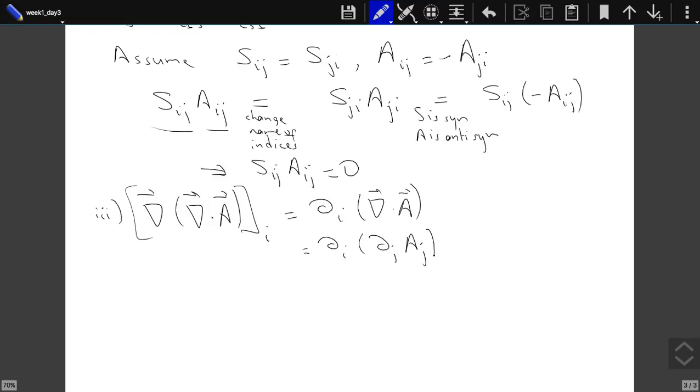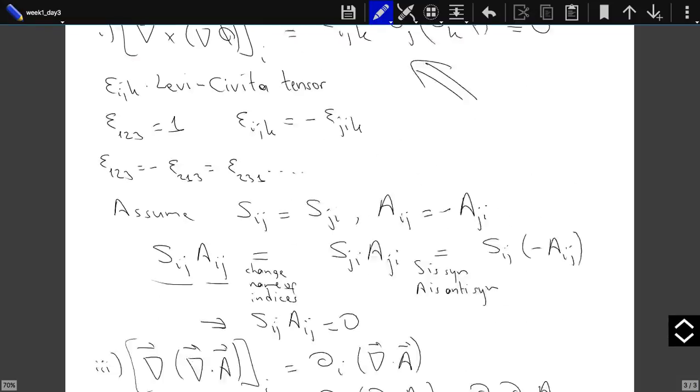Well, there's nothing much we can do over here. It is what it is. It just stays as it is. We don't really see this expression often in physics, so we don't even have a special name for it. So it just stays as it is, no simplification.